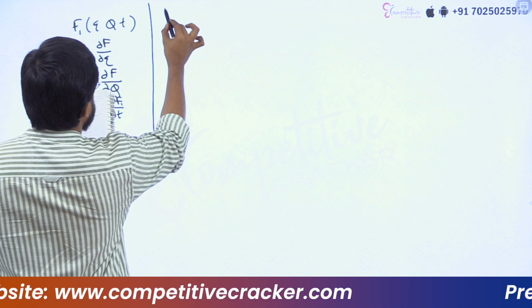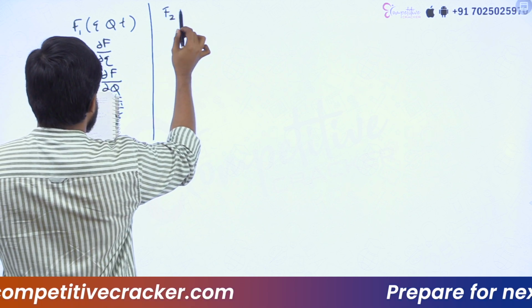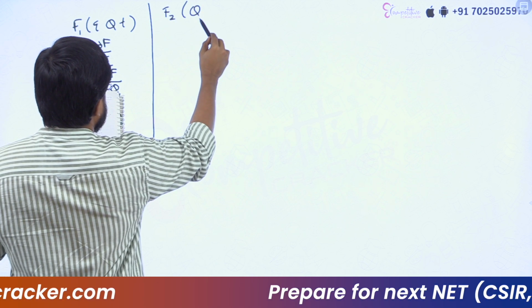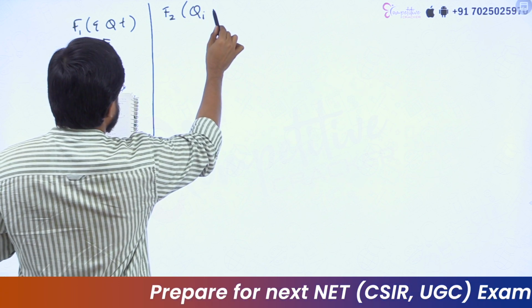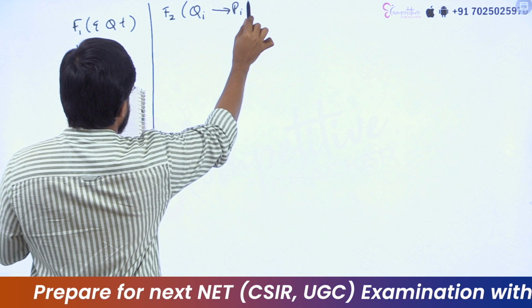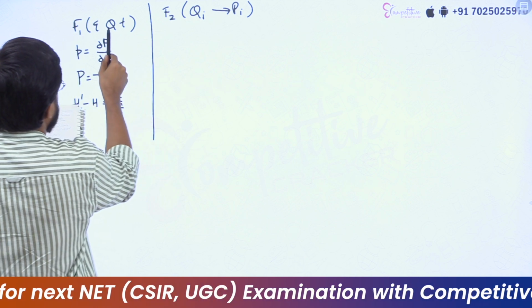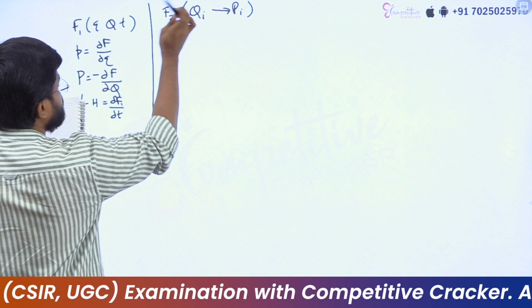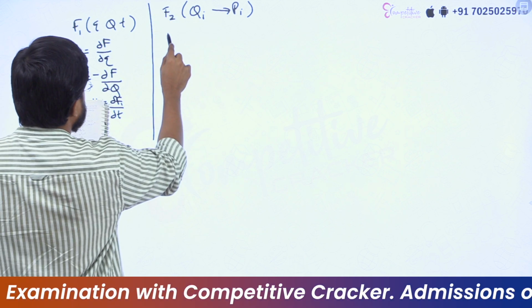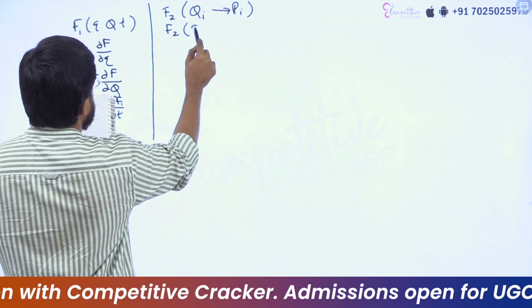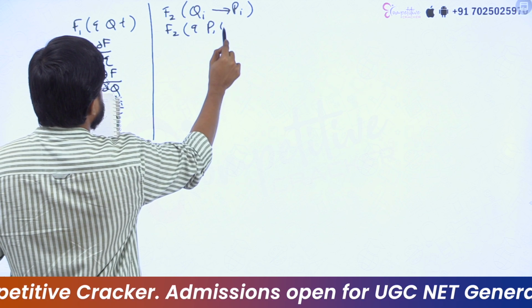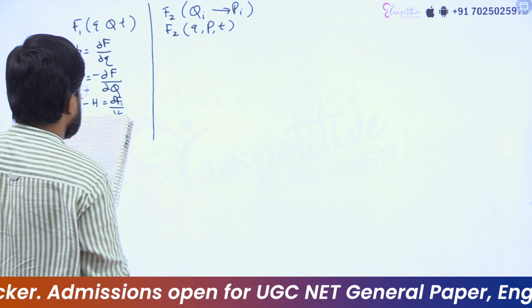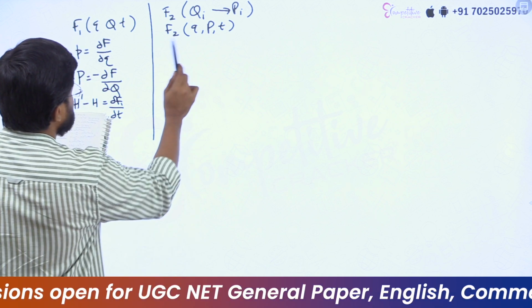And second, F2. What is this F2? F2 is capital Q exchanged with capital P. So F2 will be small q, capital P, t. Small q is present, so what is missing?